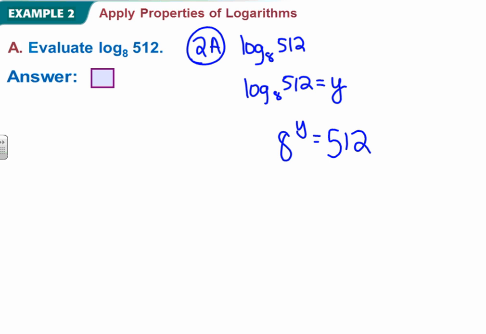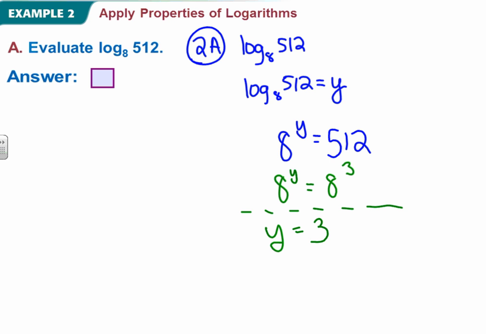Or, should I change 8 into something else? 8 to the third. So could I have changed this to 2 as well? And it would just be a higher power there. Yes, that is true. But I tried 8. 8 to the y equals, that's 8 to the 3, correct? Okay, and then I can just say, oh, look, y is equal to 3. And to me, that's a pretty legitimate way to go.